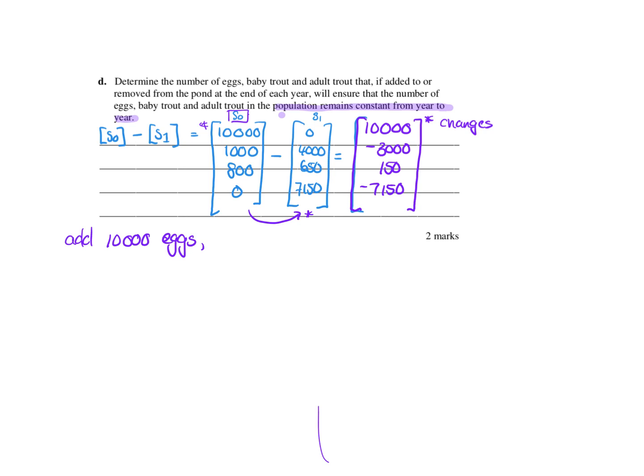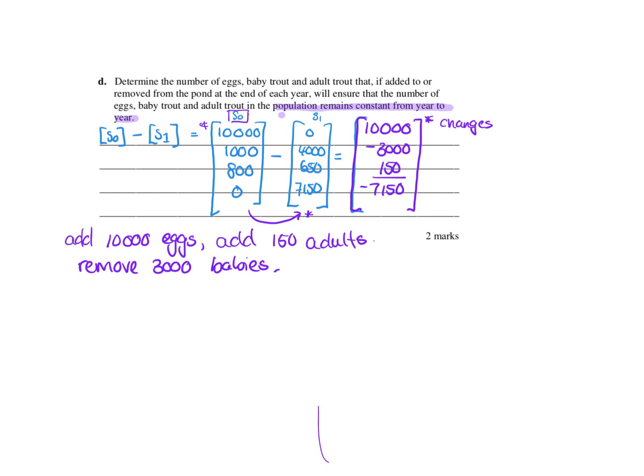We will also add here 150 adults, and then because we've got the negative 3,000 babies, we would have to take away, so remove 3,000 babies, because we had more babies, so that it would go back to what it began with.